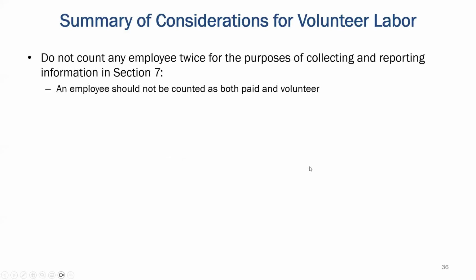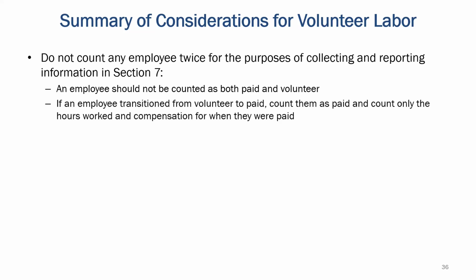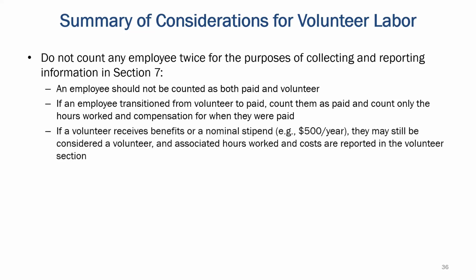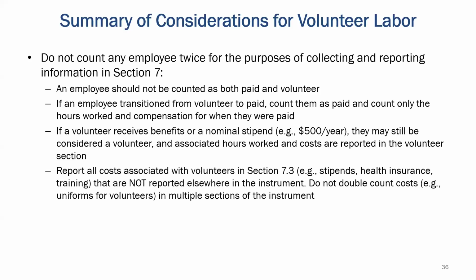I think it's important to remember a few rules here: a staff member that straddles, either over time or at the same time, the paid and volunteer categories should always only be categorized as paid staff, not volunteer. If there's a transition, it's always paid, not volunteer, even if they ended as a volunteer during your data collection period. Those nominal amounts get reported at the end.